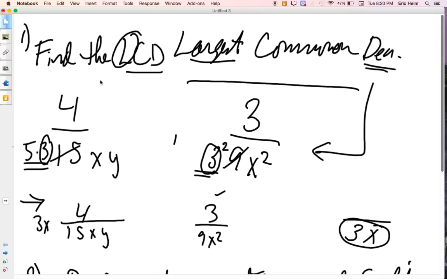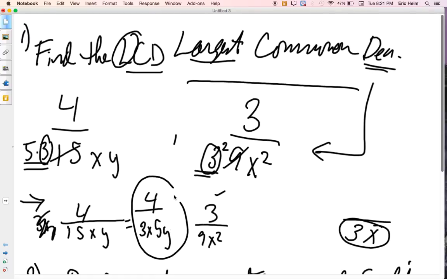oh, I made a mistake there. Why did I make a mistake? Never mind. So this 4 over 15xy is the same thing as 4 over 3x from over here times 3 times 5, which is 15y. Okay? So I factored the 3x out of that.